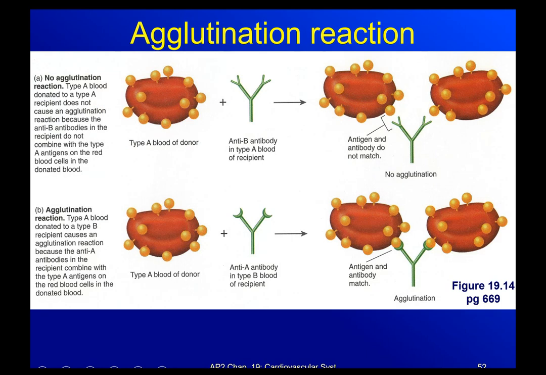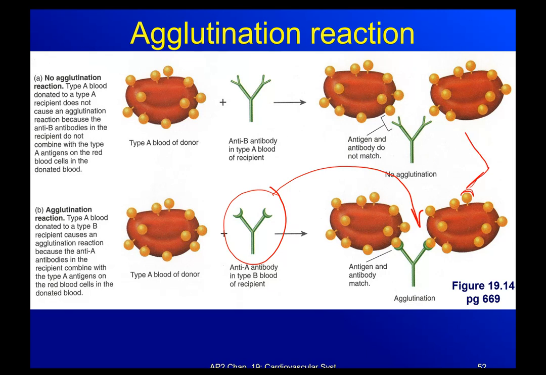So again, with agglutination, if you've got an anti-A antibody, it will bind to the A antigens on the red blood cells. Now remember what I said, the arms on this move.